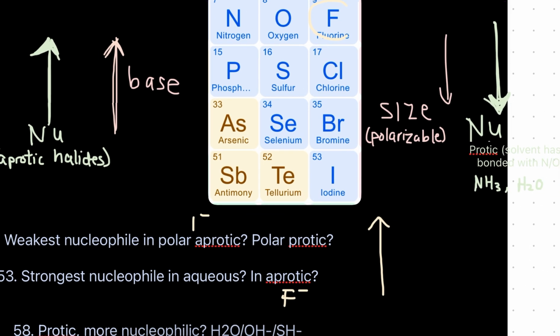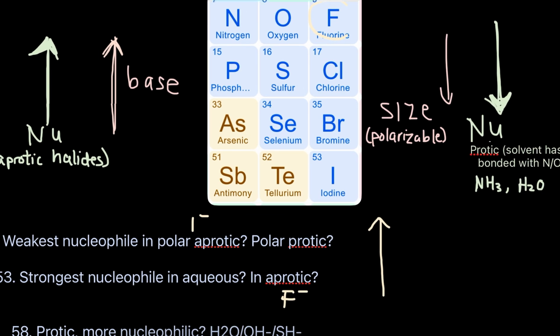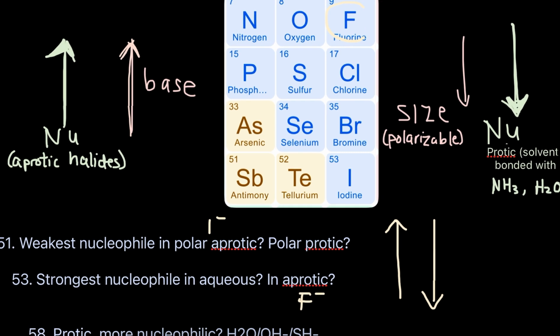As for polar protic, we memorize the strength of nucleophiles for this solvent is going to point down, so iodine is going to be the strongest polar protic nucleophile, and it is going to be fluoride that's going to be the weakest nucleophile in a polar protic.